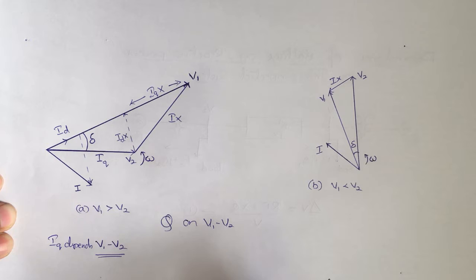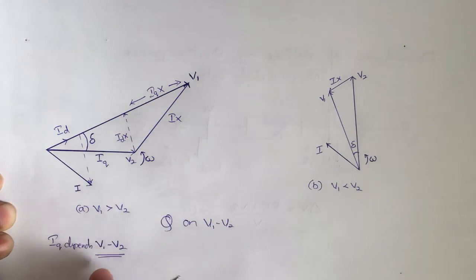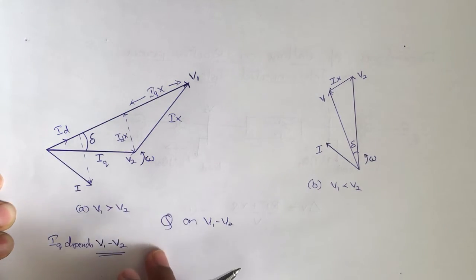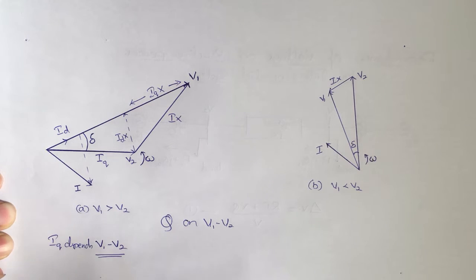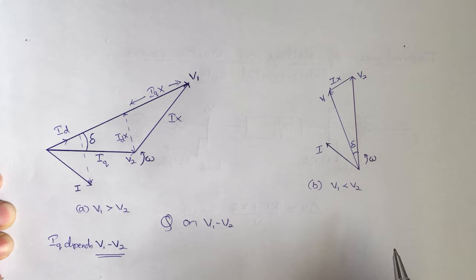If we go further and vary the generator excitation, in the previous case we assumed V1 is greater than V2, as seen in the phasor diagram and the equations. If we vary the generator excitation such that V2 is greater than V1, then the direction of reactive power flow is reversed.